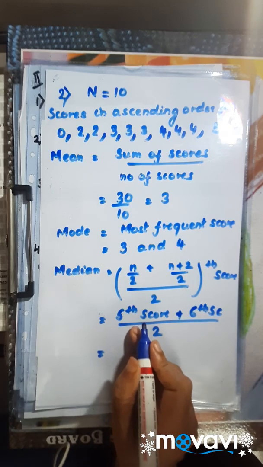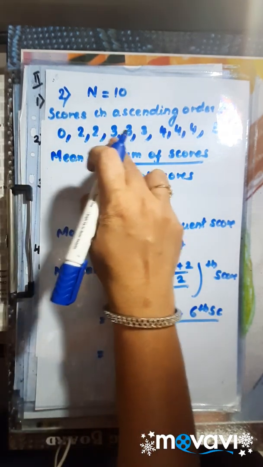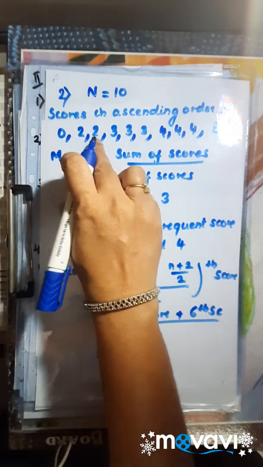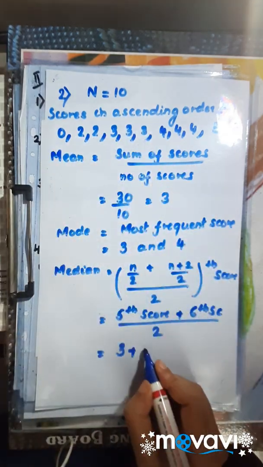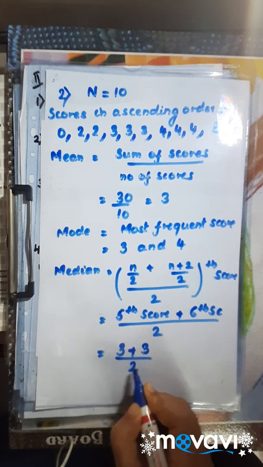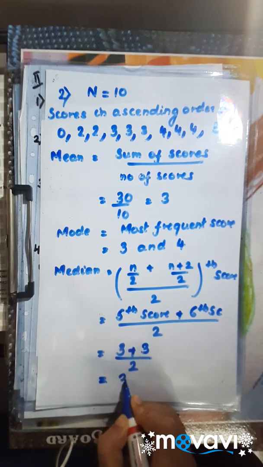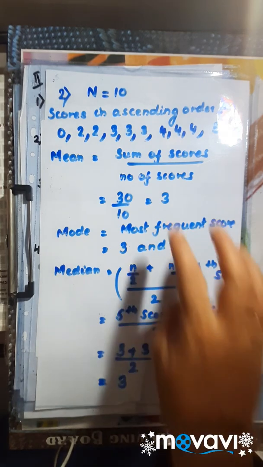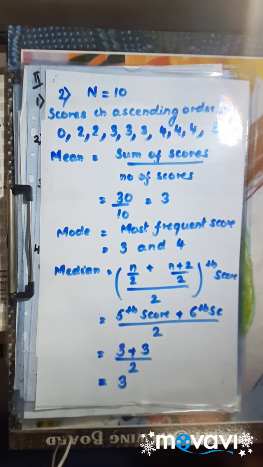Now, the 5th score: 1, 2, 3, 4, 5, is 3. The 6th score: 1, 2, 3, 4, 5, 6, is 3. 3 plus 3, 6 upon 2, which is equal to 3. So, my median is 3. So, my mean, median and mode.